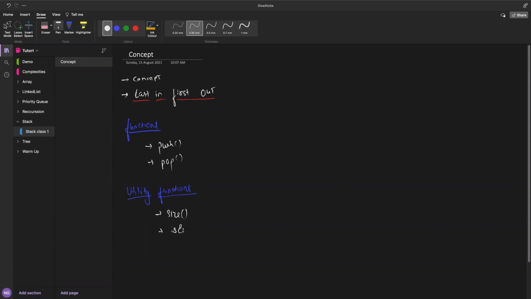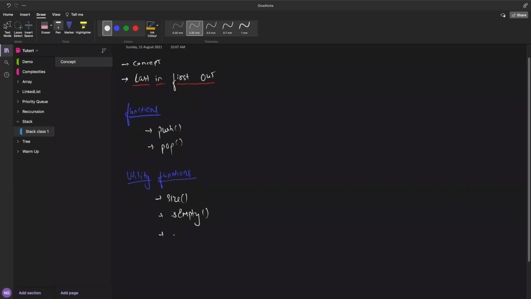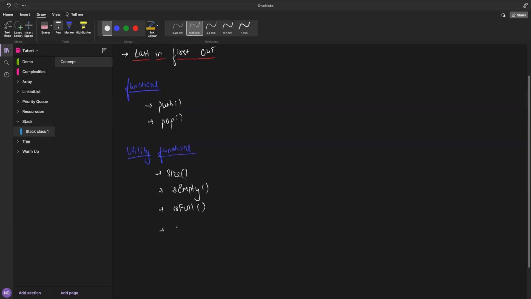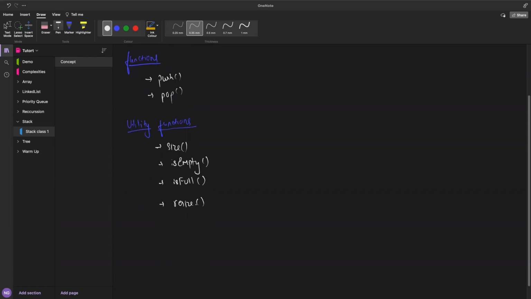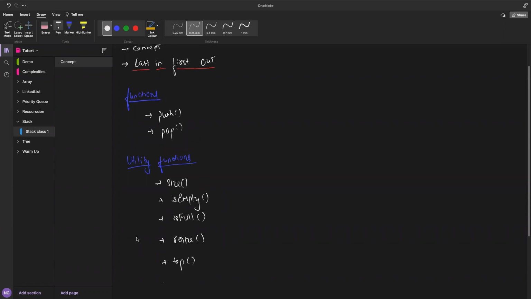Then is empty: whether the stack is empty or there are some elements in it. Second, is full: whether the stack is full or not. Then resize. These utility functions are written keeping in mind that the stack is implemented with the help of an array, which is why is empty, is full and resize will work. Then top. Top is a variable used in a stack to represent the index of the last element in the stack. So these are some utility functions in the stack.